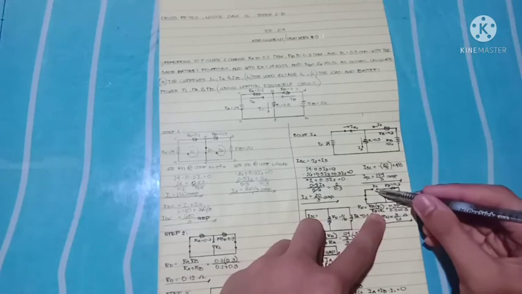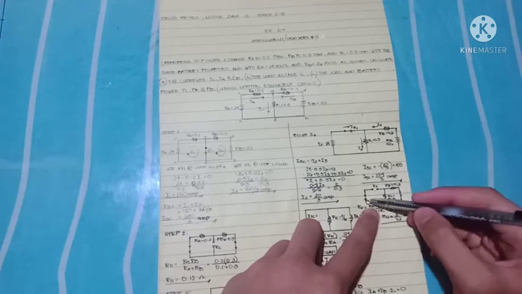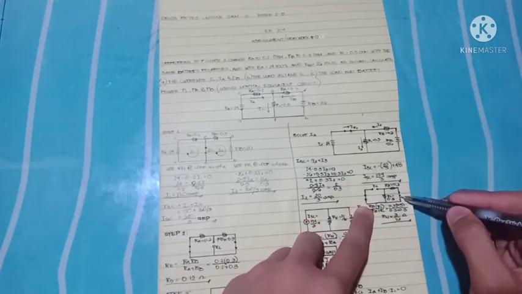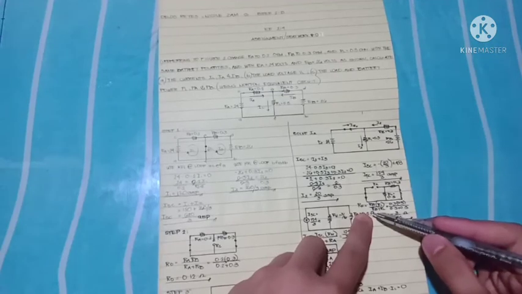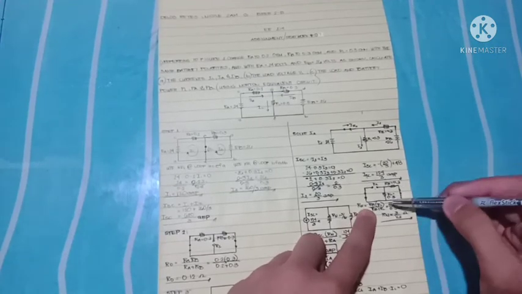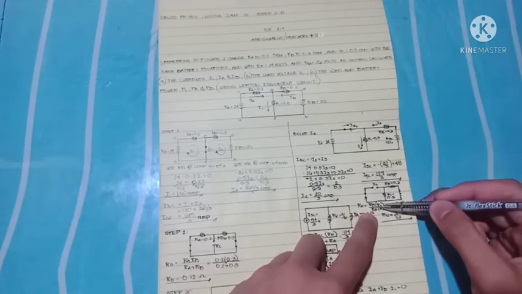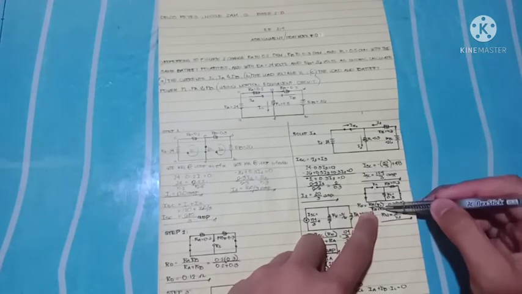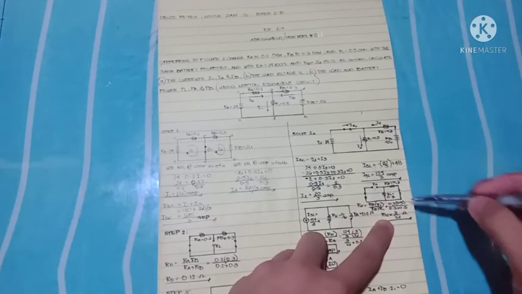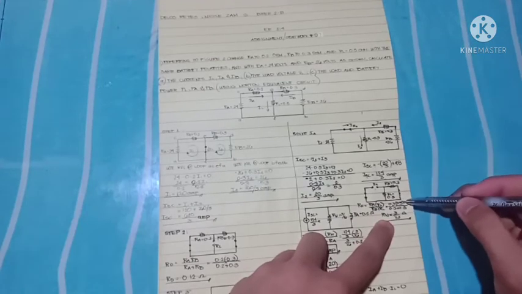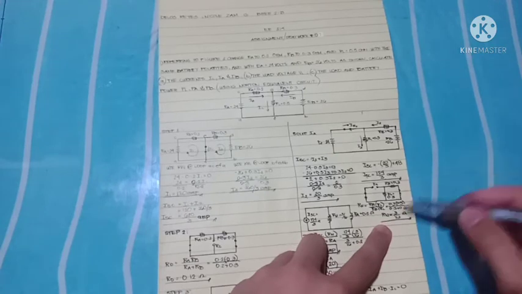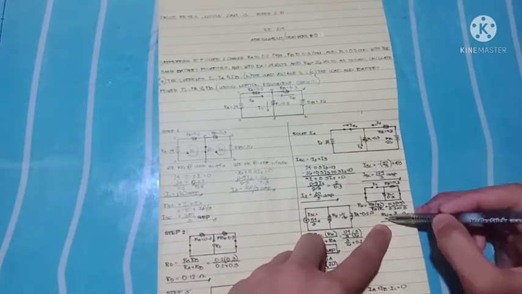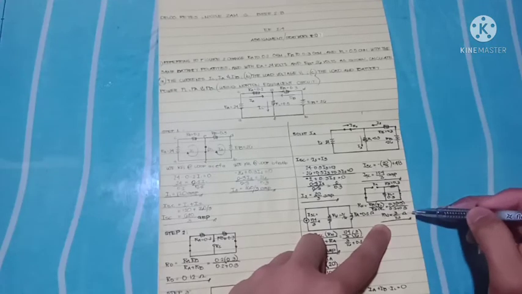So open circuit RA and short circuit all the voltage sources. Norton's equivalent resistance is equal to RB times RL over RB plus RL. So substitute the value, 0.3 times 0.5 over 0.3 plus 0.5. So Norton's equivalent resistance is equal to 3 over 16 ohms.